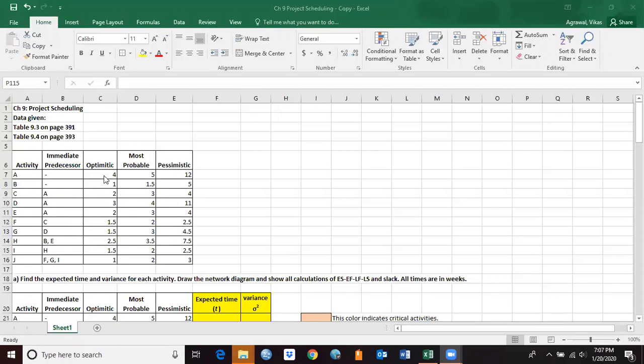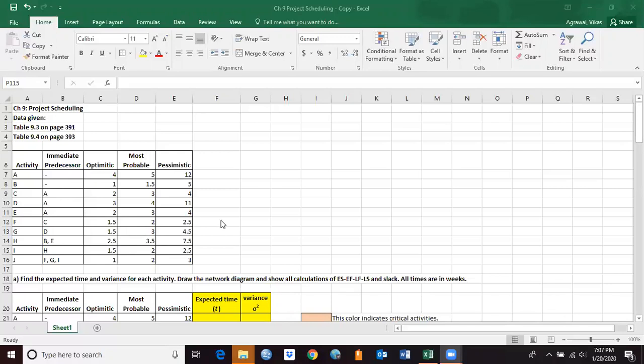If everything goes well, this will be completed in 4 weeks. If nothing goes well, the pessimistic time, it might take 12 weeks. And most probable means, under the normal situation, it should take 5 weeks. So we always have been given these three times, and based on this data we need to find the answers for some questions here.